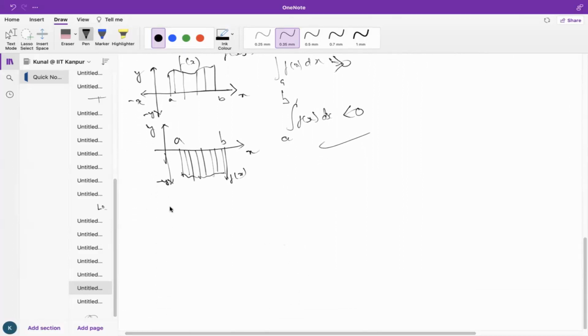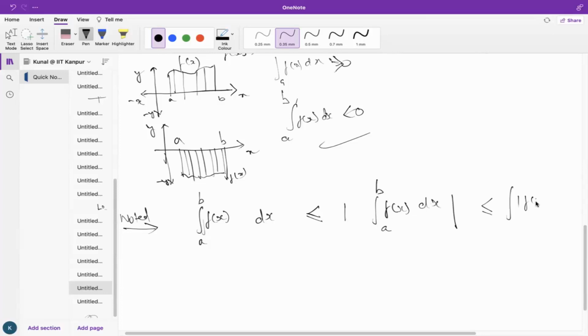Let's move to the second noted point: the integral of f(x) dx from a to b is less than or equal to the integral of mod of f(x) dx from a to b.